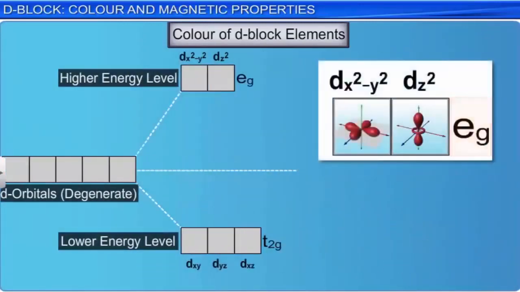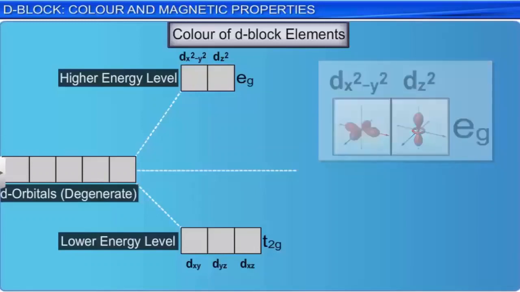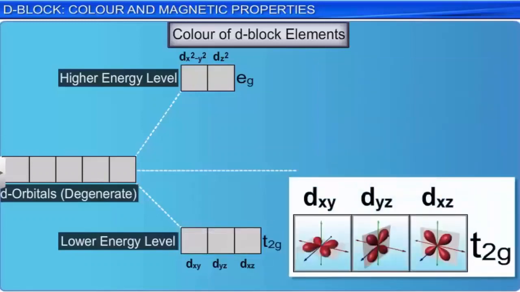One set, known as the Eg set, consists of two orbitals, dx2-y2 and dz2. The other set is known as T2g.